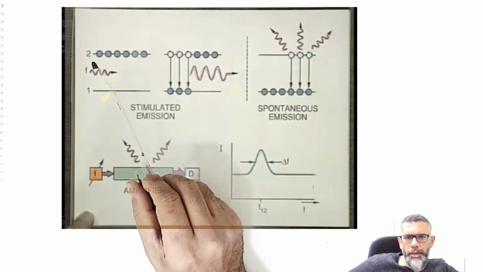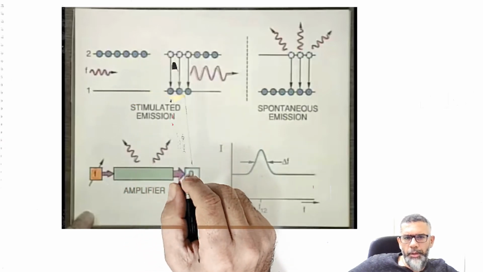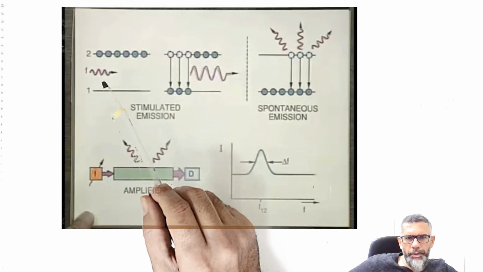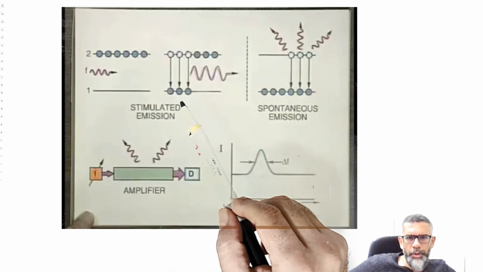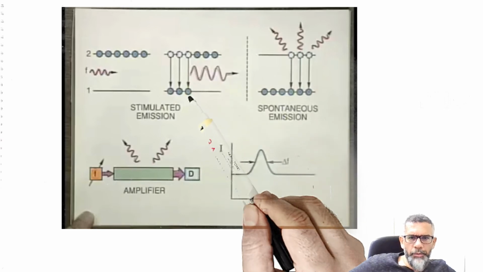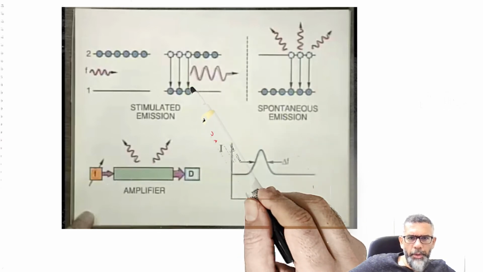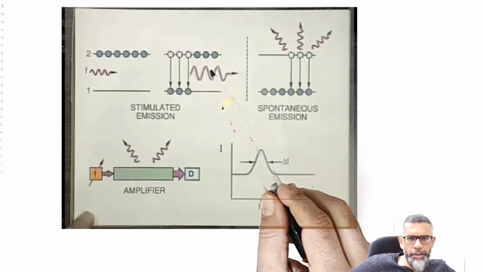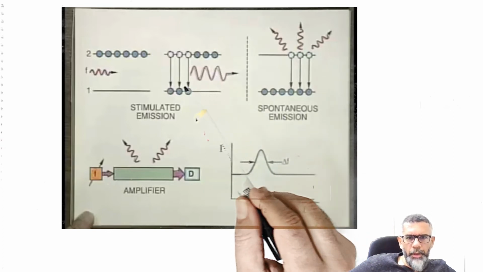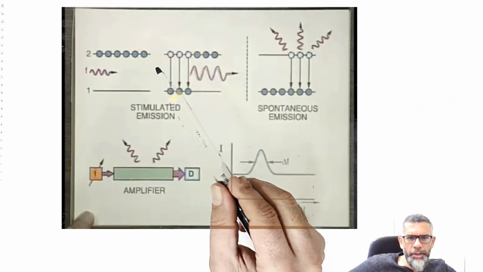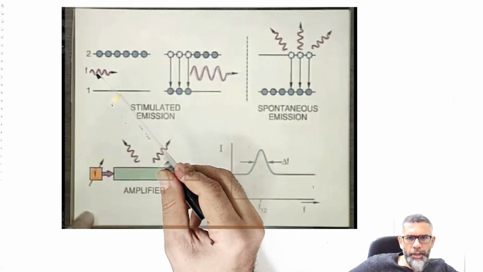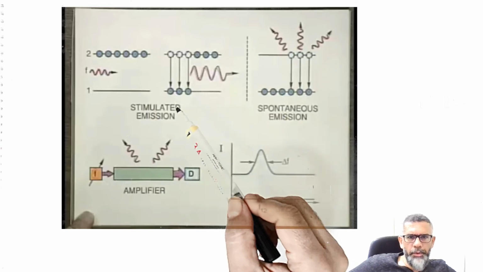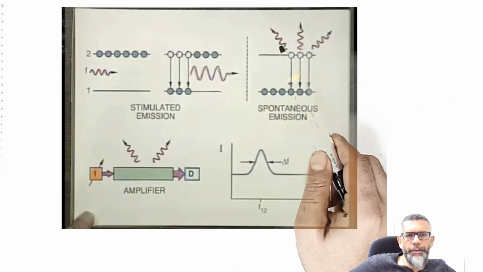When these electrons see the incoming energy of the light, which matches the difference of the energy, they are forced to go down to the ground state, contributing to a higher signal at the output, and the direction is the direction of the incoming photon. This process is called stimulated emission.